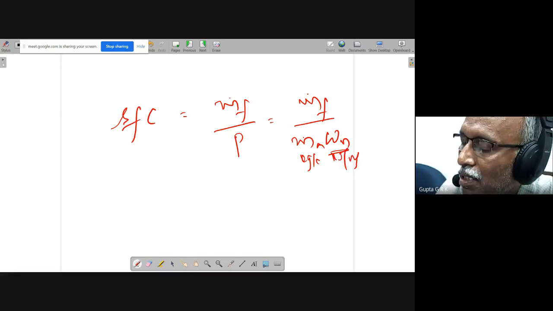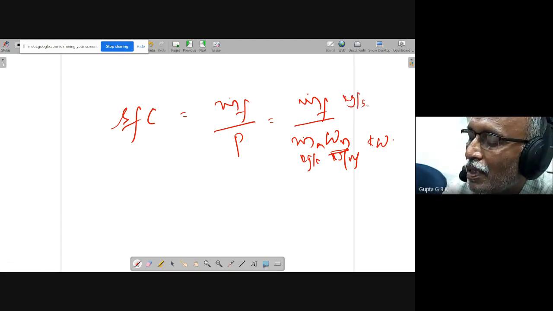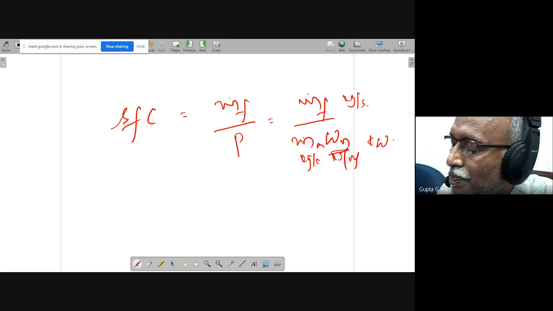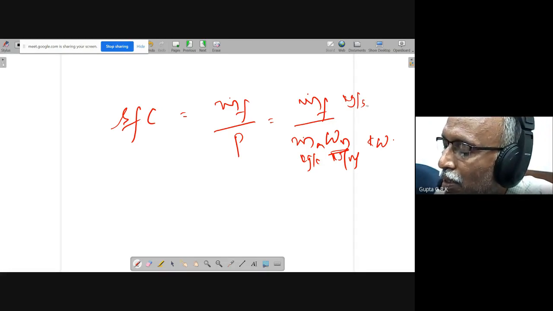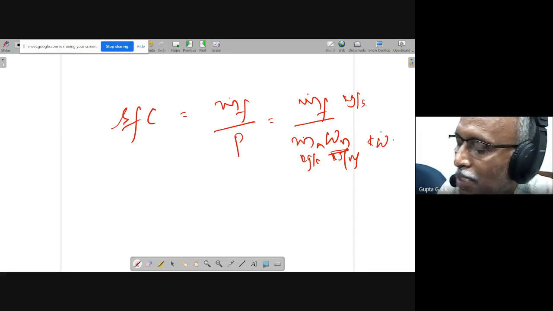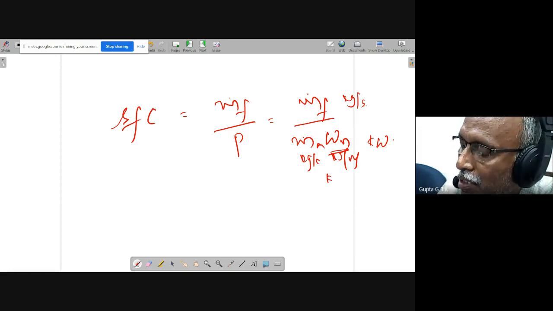So this is in kilowatts, and this is in kg per second. So I will get kg per kilowatt second.